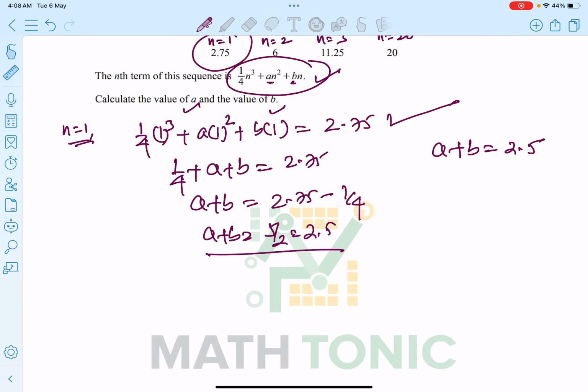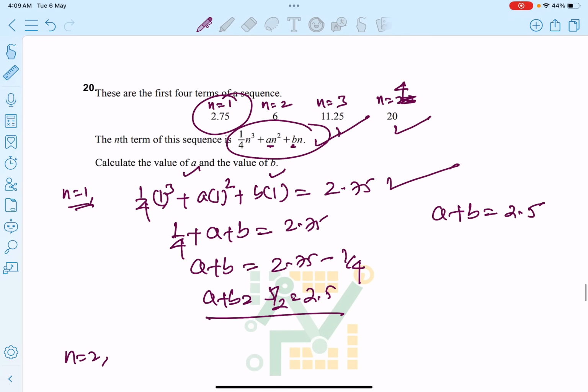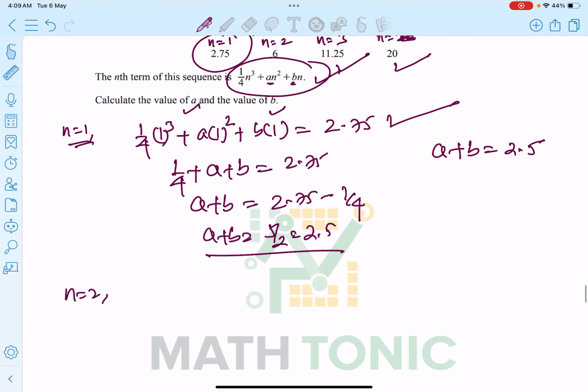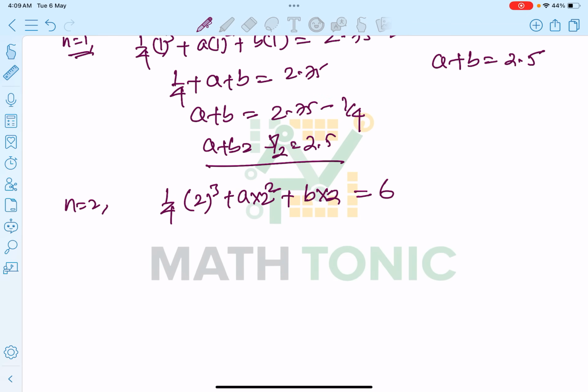Is it okay? Now put n equals 2. You can take any value, n equals 3 also, or 4 also. I'm sorry, the 20 is for n equals 4, my bad. So n equals 2. Simply replace: half times 2 cubed plus a times 2 squared plus b times 2, and for n equals 2 the term is given as 6. Yes, this is 6. Now we can simplify this one.